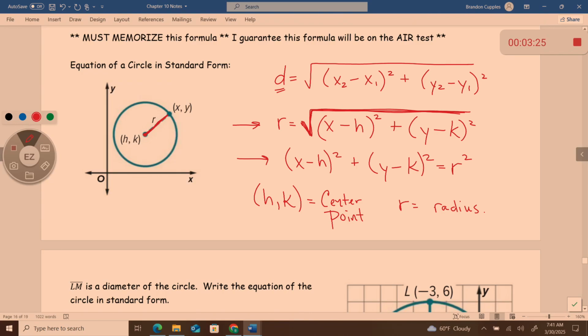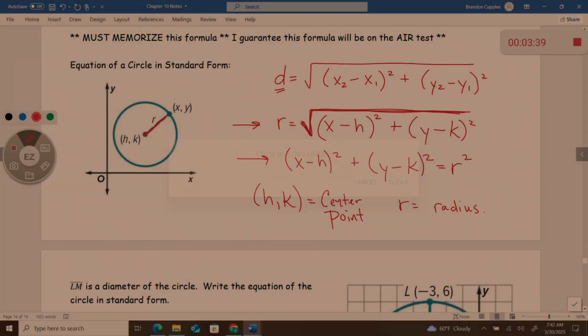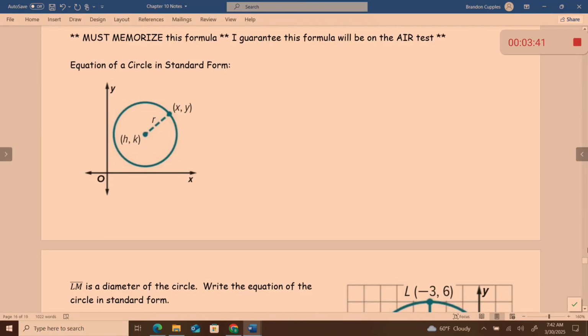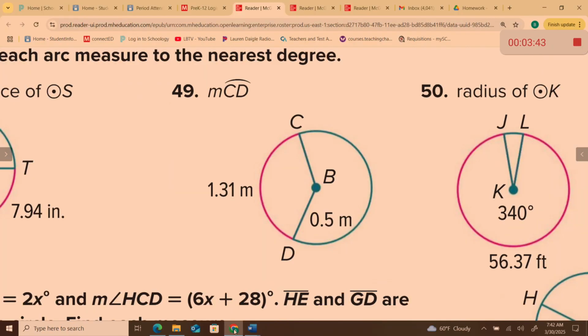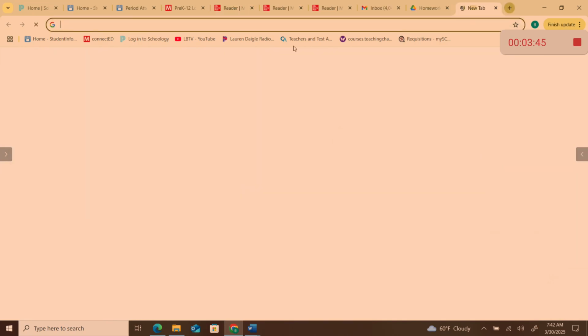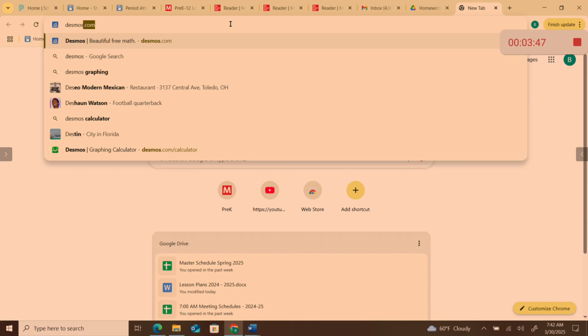Now, if we were in class, I would ask you to give me a center point, an h and a k, and give me a radius length. And I would show you on Desmos. So I'm actually going to go to Desmos right now, and let's just make up some things so you can see this play out in a graphable plane.